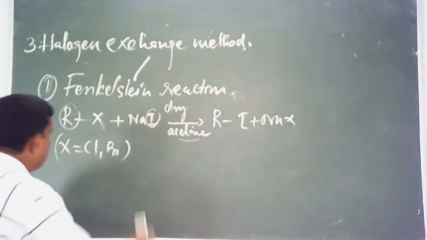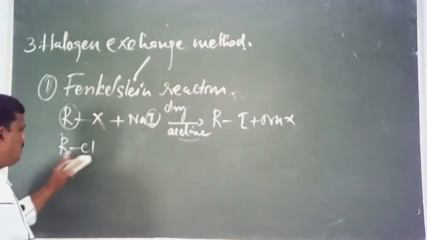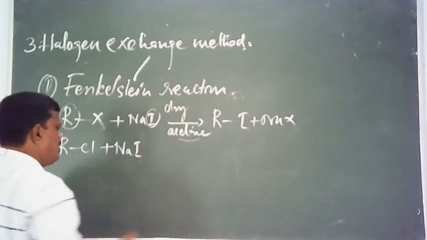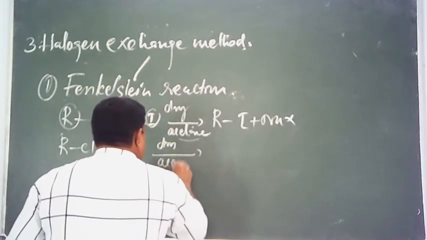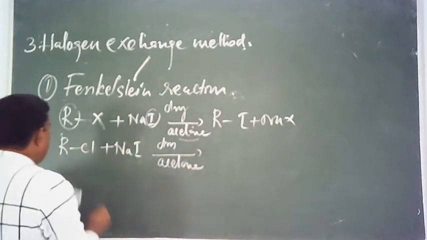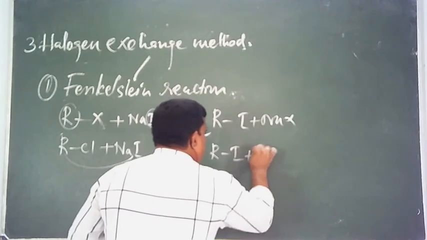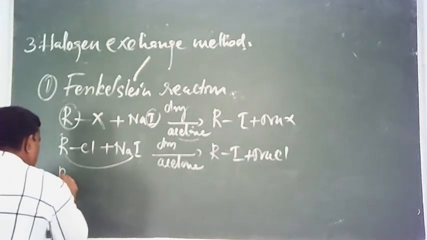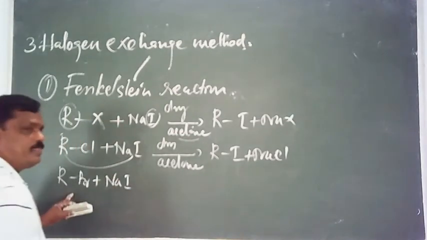Okay, let me write in case of alkyl chloride. Say RCl, alkyl chloride is taken. It is treated with sodium iodide in dry acetone. Here we get RI, alkyl iodide, plus sodium chloride. Let me take alkyl bromide, RBr plus NaI.